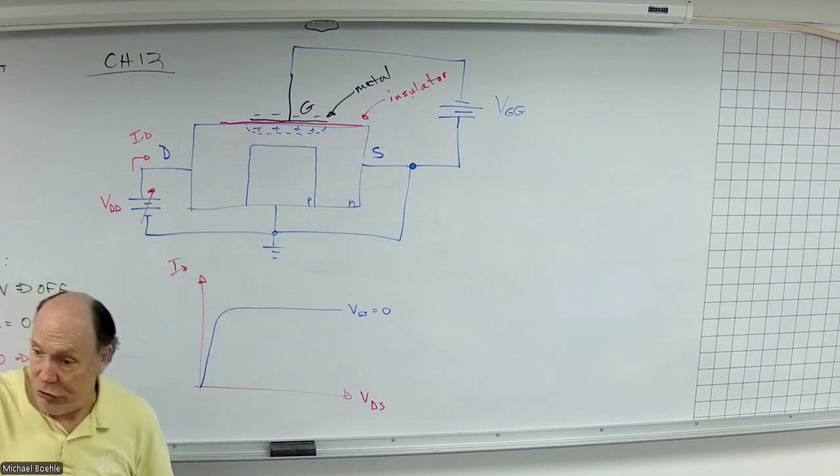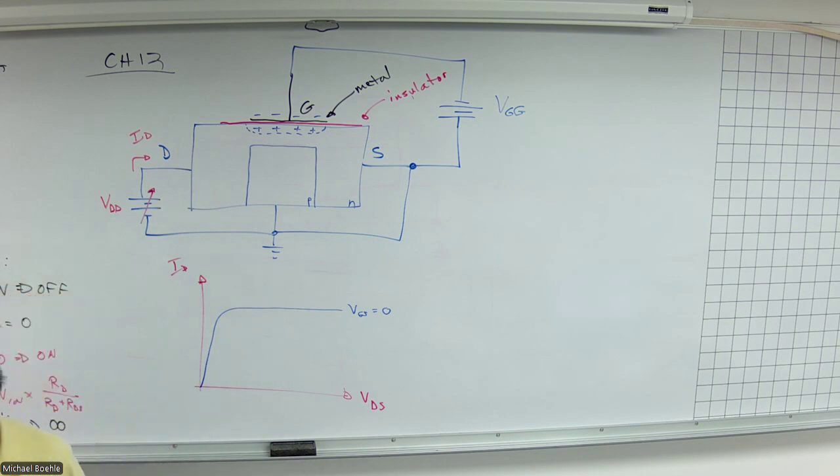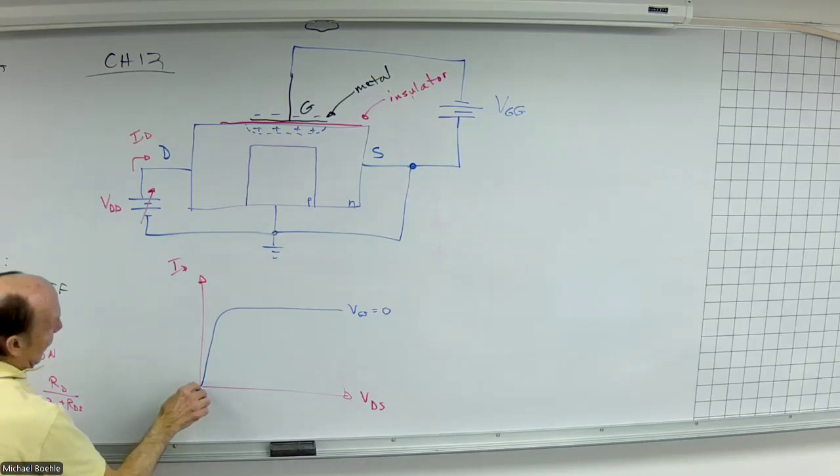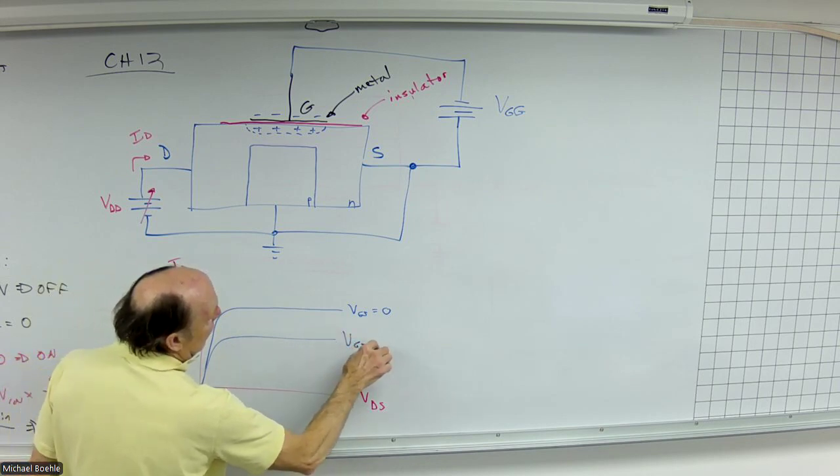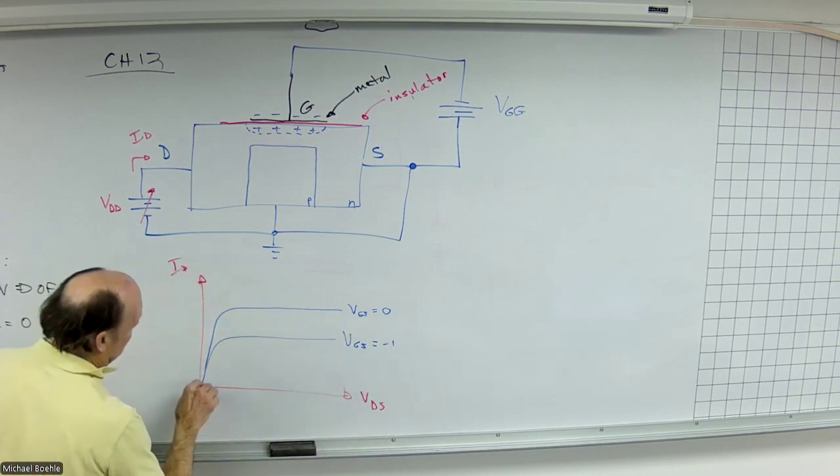It narrows it. Just like my JFET, with the negative voltage on the gate, that channel is smaller and therefore higher resistance and pinches off sooner. So I essentially get the same result that I had last week in terms of what these curves look like.